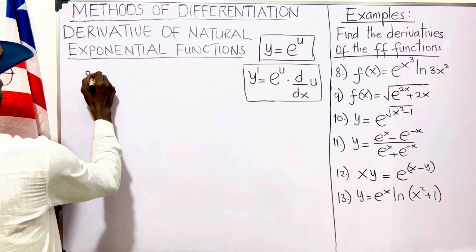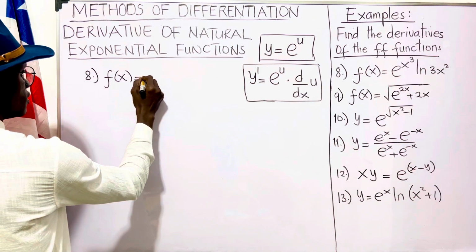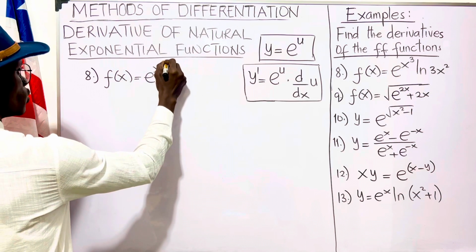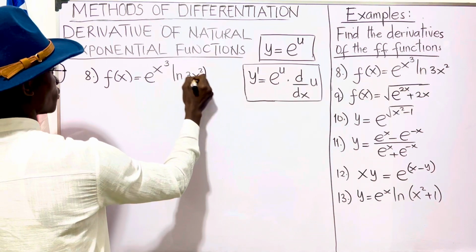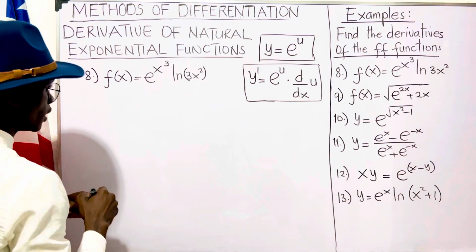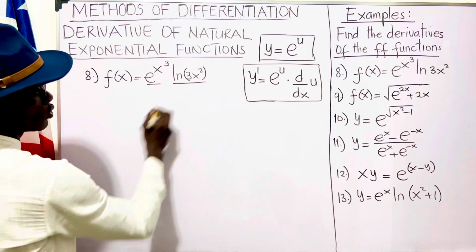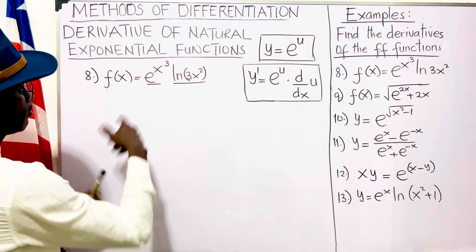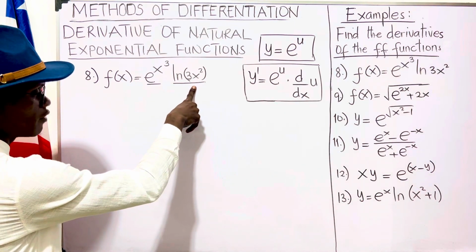Question 8 says f of x is equal to e raised to the power x cubed, times the ln of 3x squared. Now, we have two separate functions, a natural exponential function and a natural logarithmic function.